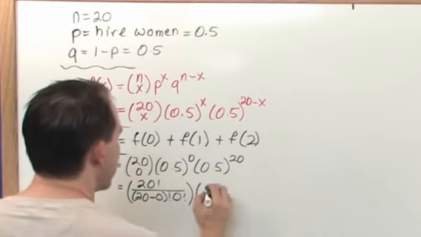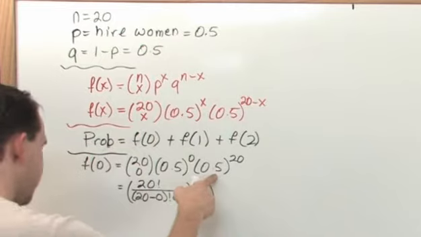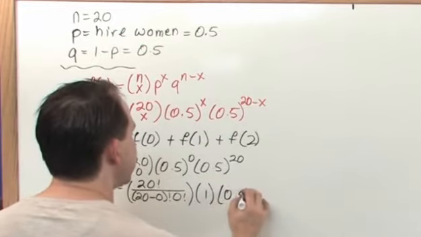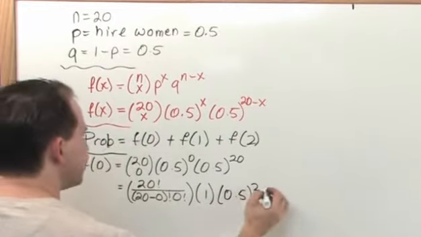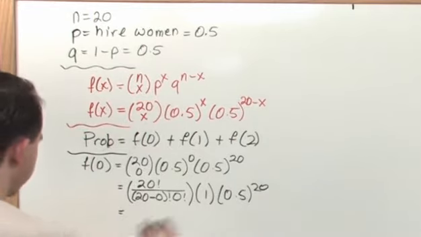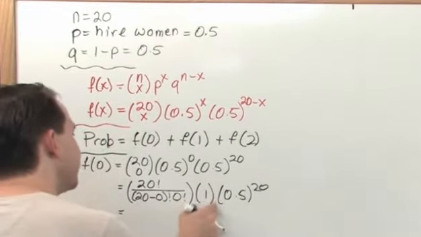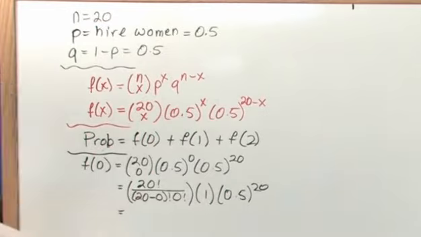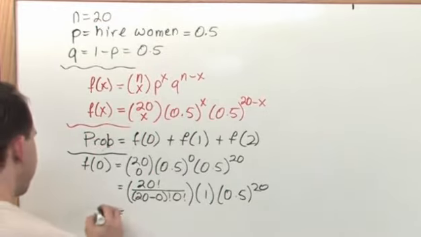Anything raised to the 0 is 1, and then the 0.5 raised to the power of 20, okay? So when you take 20 factorial and divide by 20 factorial, this is just going to give you 1, and 0 factorial is always going to be 1. So you have 1 times the 0.5 to the power of 20.